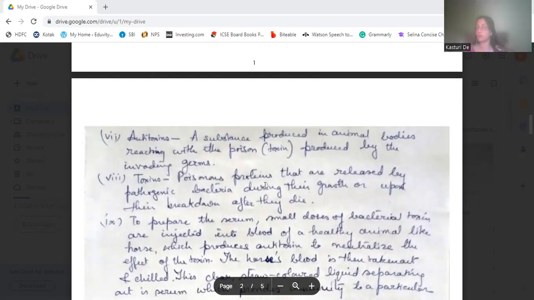The germ produces it in our body, but this toxin is fought back by a certain chemical substance released from our body or animal body. That is known as antitoxin.